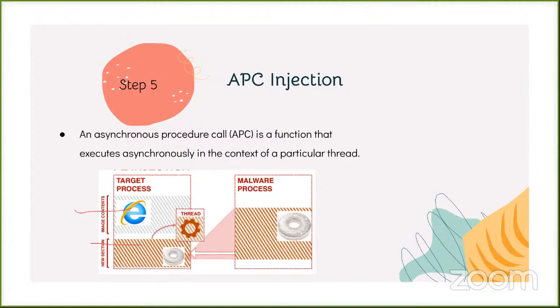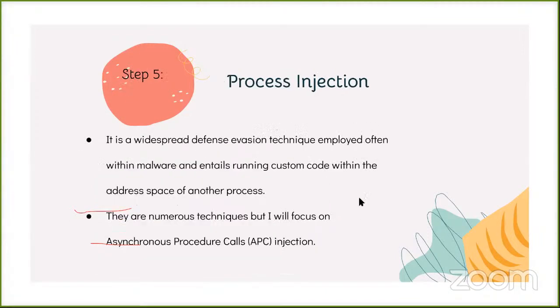So for example, we now have our donut shellcode over here, and this is the process we want to inject to, which is Internet Explorer. Back to our sentence, we said process injection evades detection by AVs by running custom code within the address space of another process.